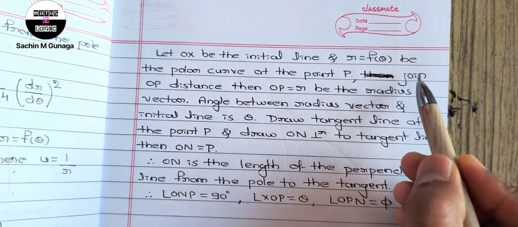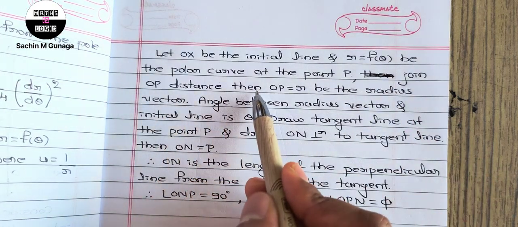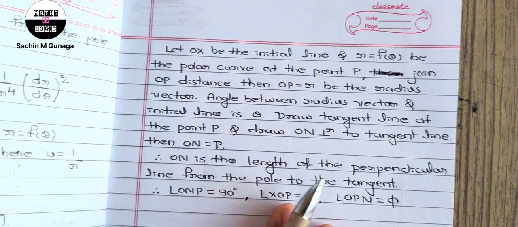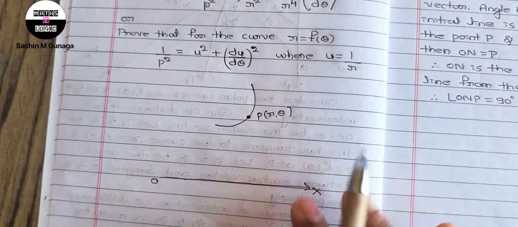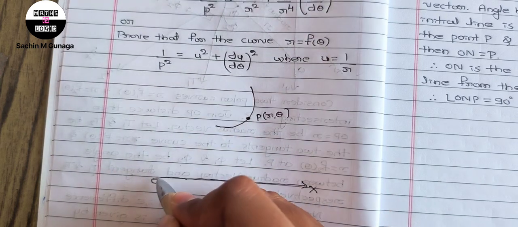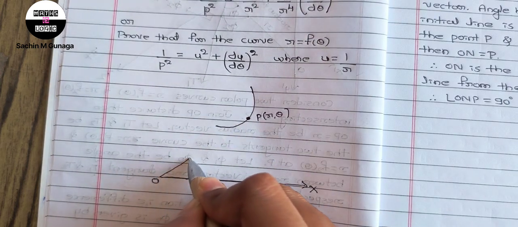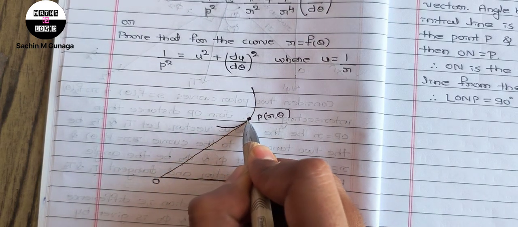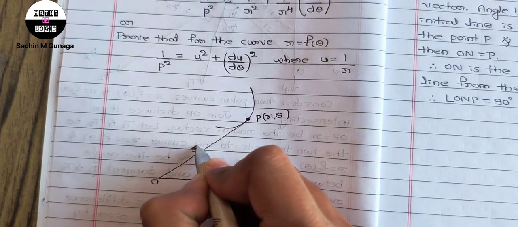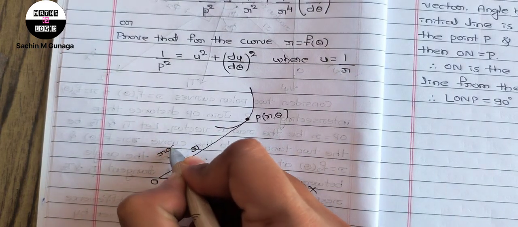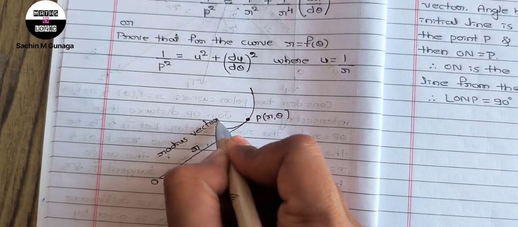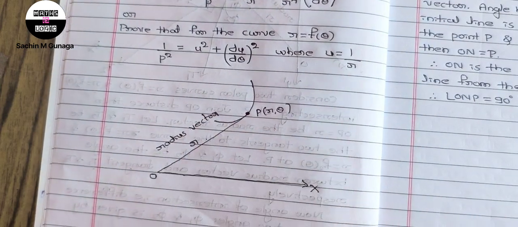Next, join OP, then OP is equal to r, the radius vector. So after drawing this polar curve, next we need to join this OP distance. This OP is nothing but r, the radius vector.